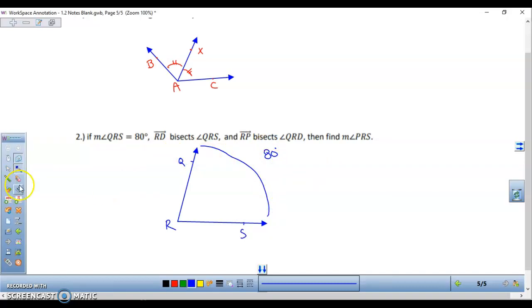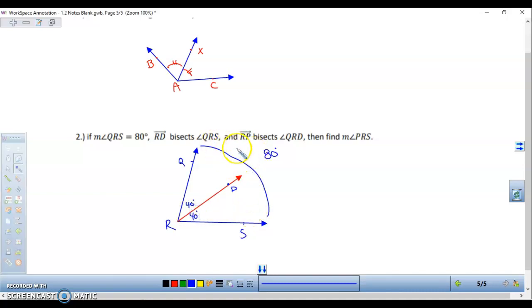And then ray RD bisects that. So I'm going to draw ray RD. Maybe I'll change colors here. And it cuts this angle into two congruent angles. So I'm going to try to draw it right there in the middle. And that's RD. Now, you guys, I know that if this entire angle was 80 and I bisect it, that each of these little parts are 40 degrees.